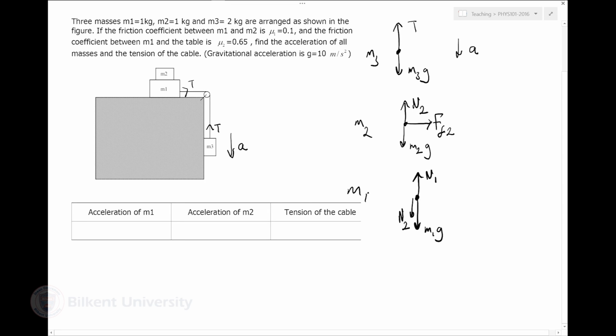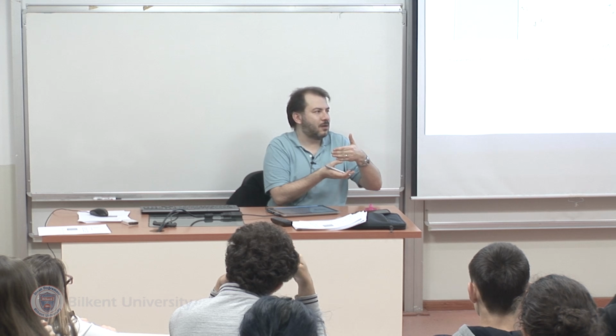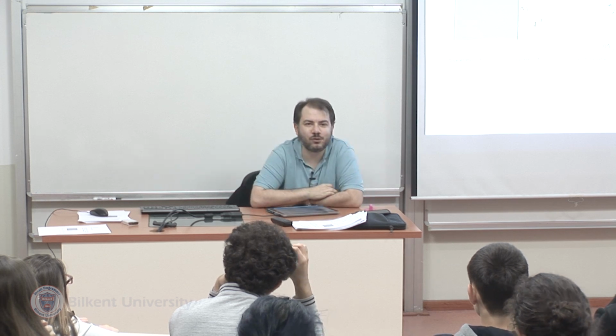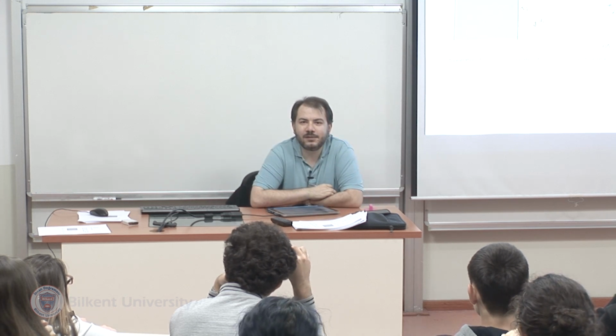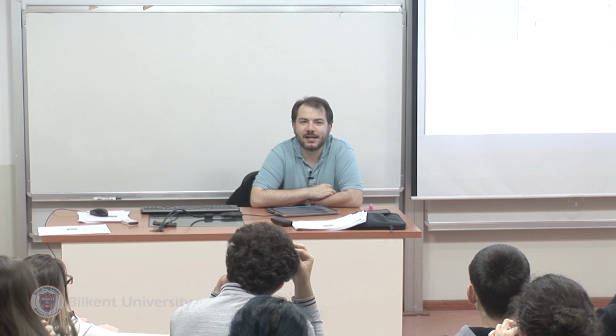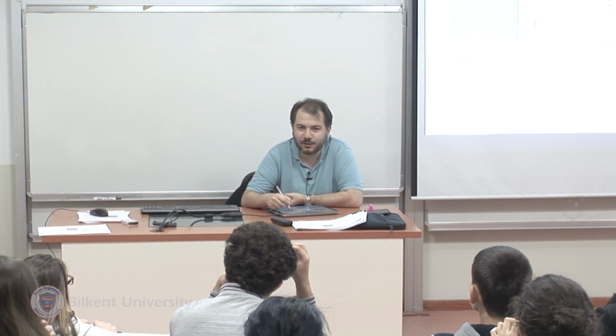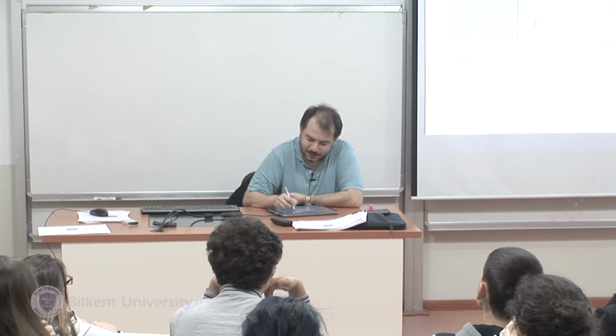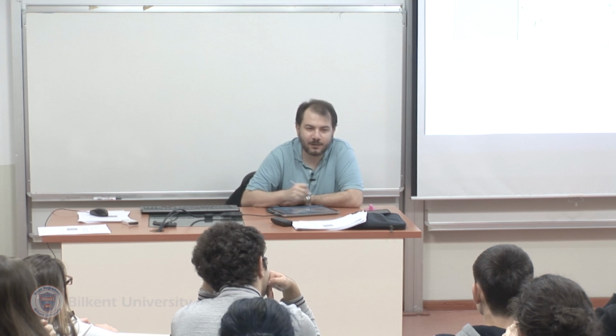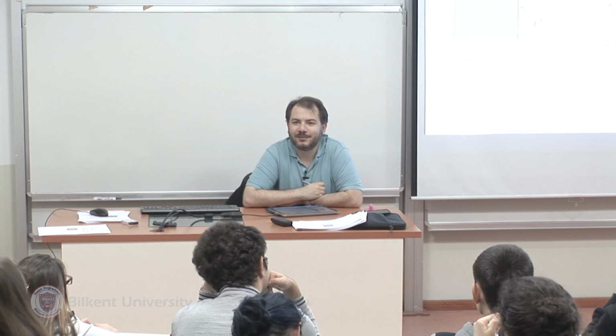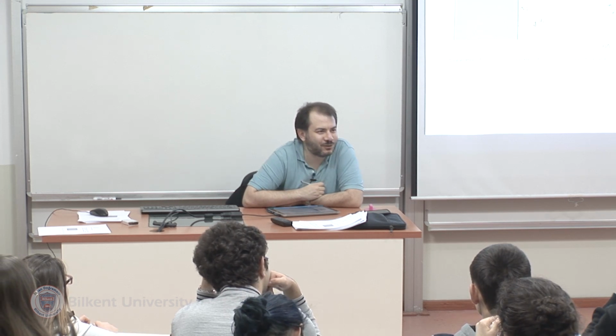Now comes the interesting part. How about the friction forces? How many friction forces are there acting on M1? Two friction forces. One is coming from the lower surface, the other is coming from the upper surface. From the upper surface, what's the friction force? It's exactly F friction 2, but to the left. Why? Action reaction, Newton's third law, right?